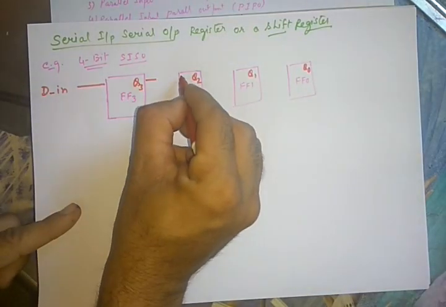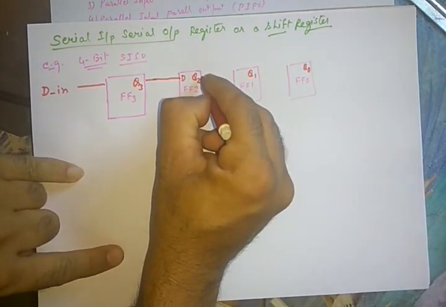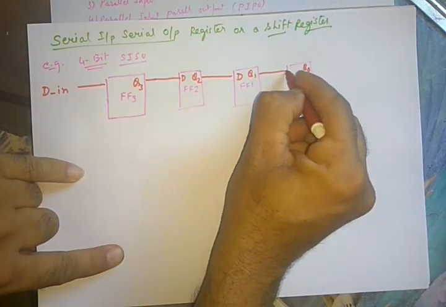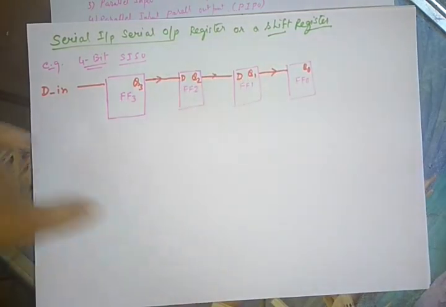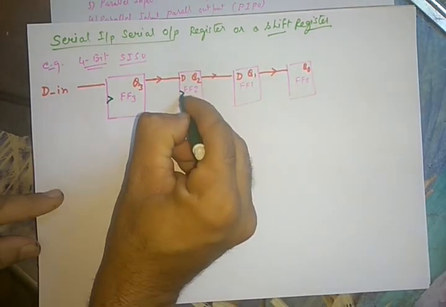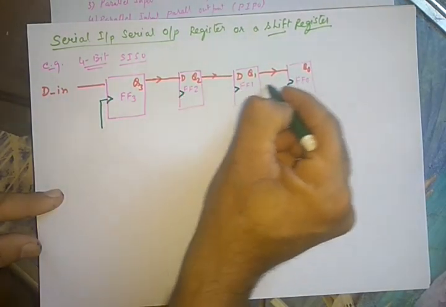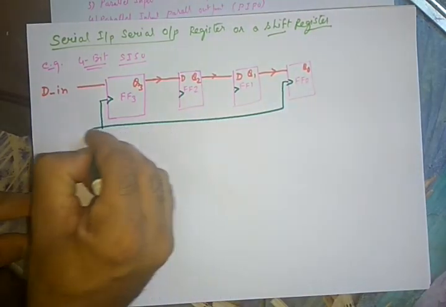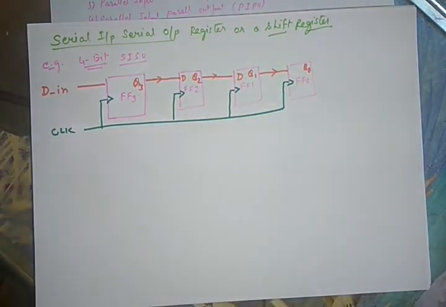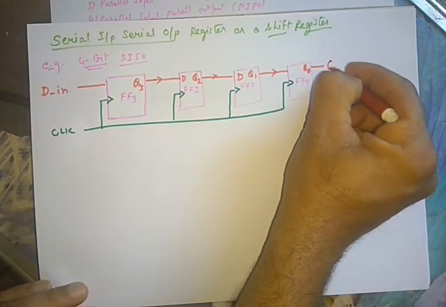Q3 is given as a input for next flip-flop, that is FF2. Q2 is given as a input for next flip-flop, that is FF1, and like this. So if we are using a common clock signal with positive edge triggered, or it may be a negative edge triggered with all the flip-flops, then it forms a 4-bit serial input, serial output shift register.